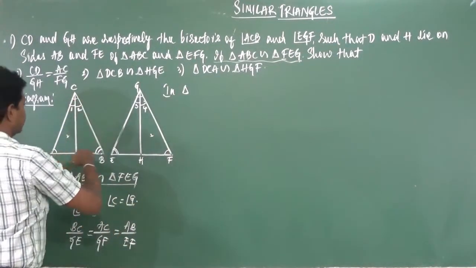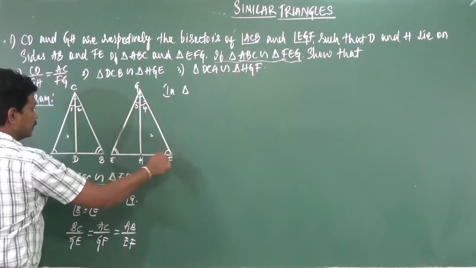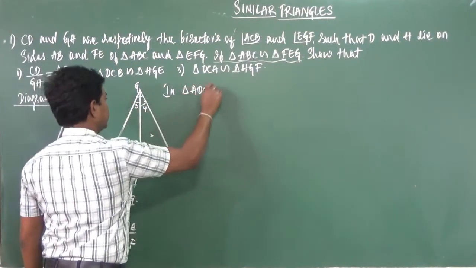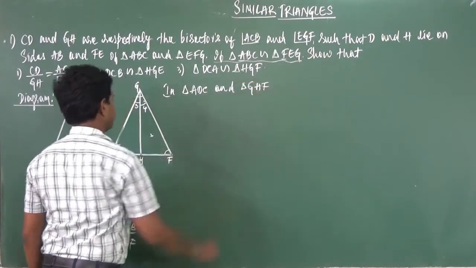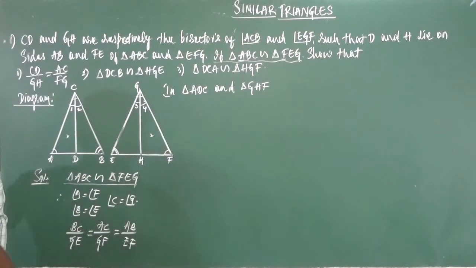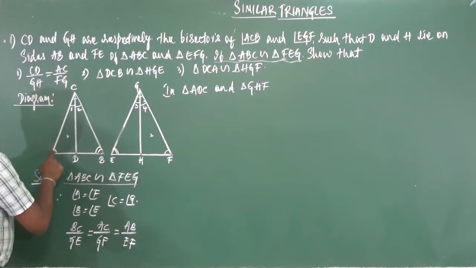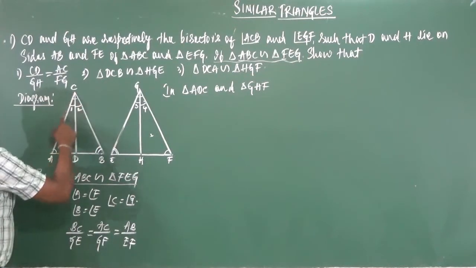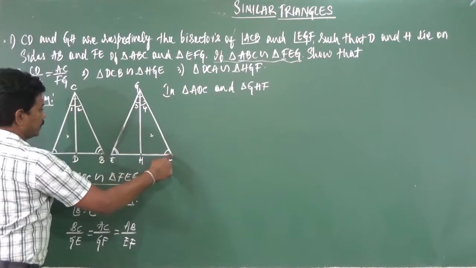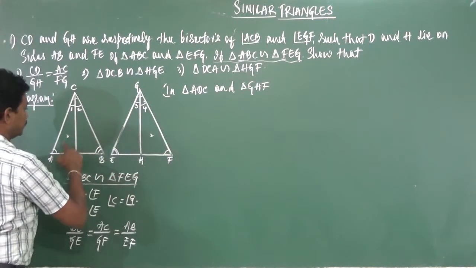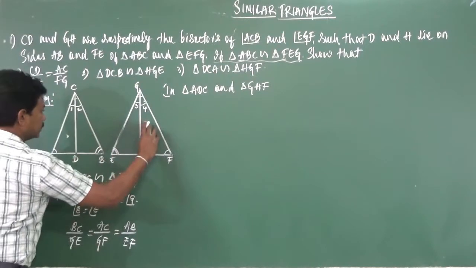Okay, now angle ACD is equal to angle GFH, because we have selected these two triangles, that is this triangle and this triangle.